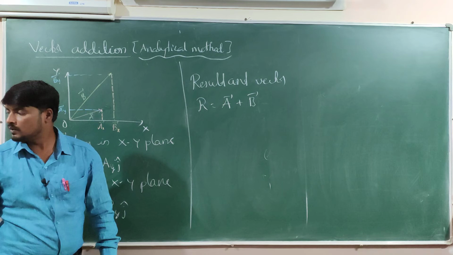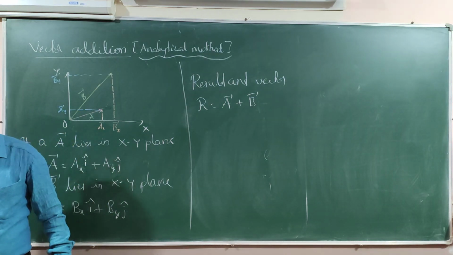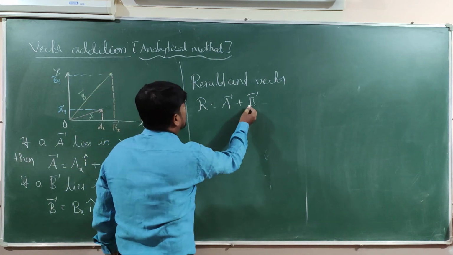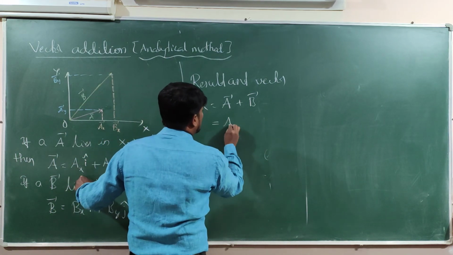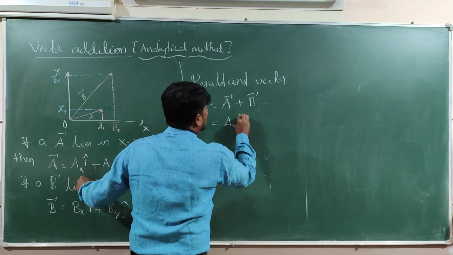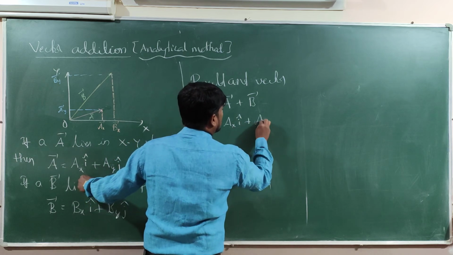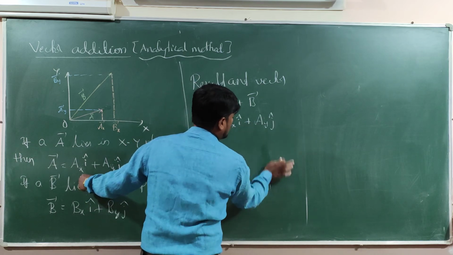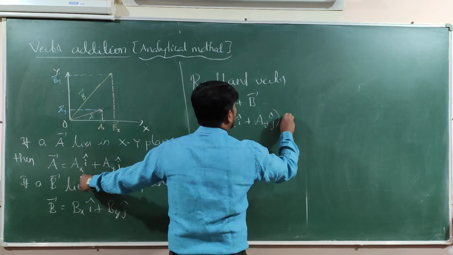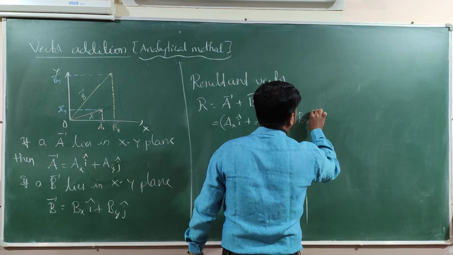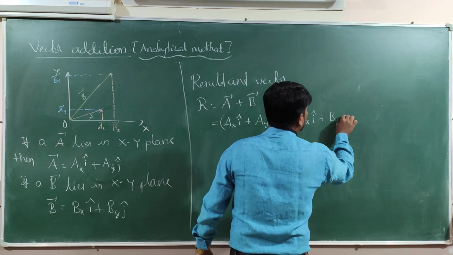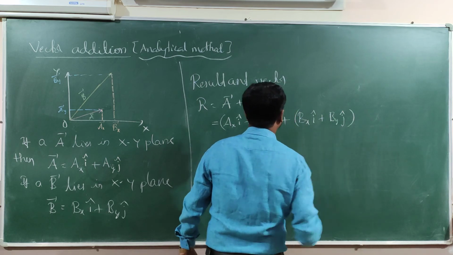This one I have to calculate. So in order to overcome this difficulty, I have to substitute vector A plus vector B here. Vector A can be written as Ax i cap plus Ay j cap in one bracket, plus what is B? Bx i cap plus By j cap in another bracket.